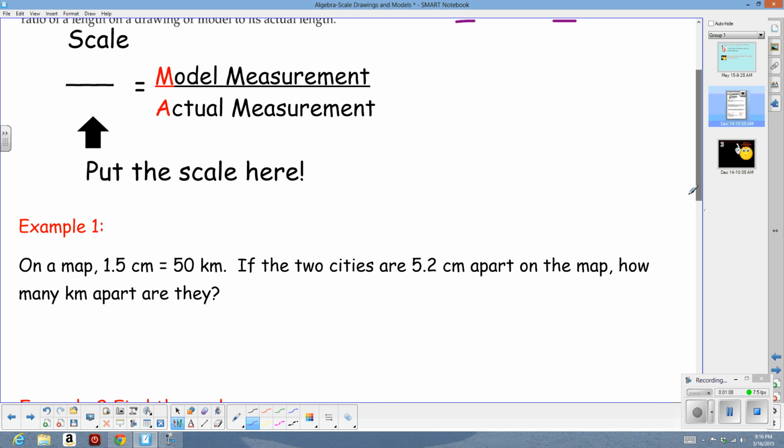For example, on a map, 1.5 centimeters equals 50 kilometers. If the two cities are 5.2 centimeters apart on the map, how many kilometers apart are they? Well, following the recipe, you write down the scale first, and it says the scale right here: 1.5 centimeters equals 50 kilometers.